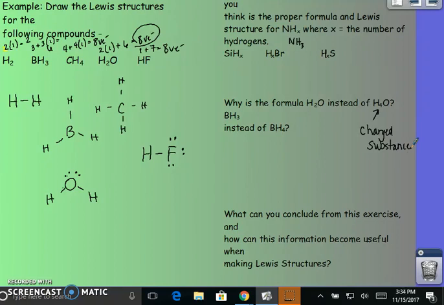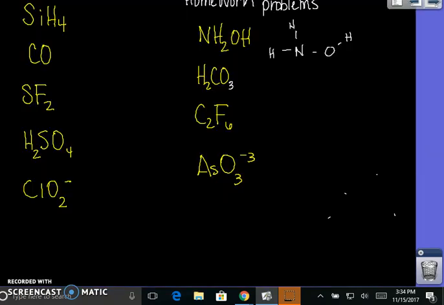The whole reason that elements will form compounds, or that compounds even exist in the first place, is to become stable, to reduce the charge and become stable. So when making Lewis structures, we need to really think about making them stable and reducing the charge.